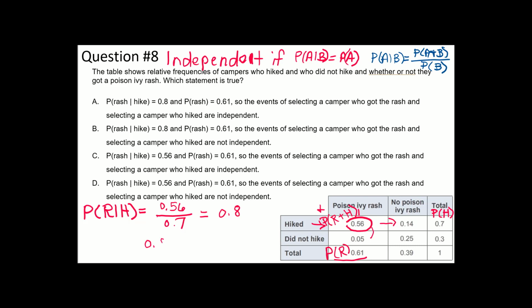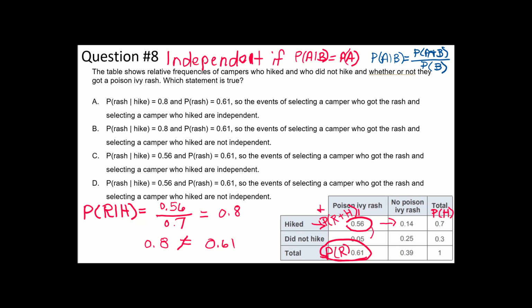Now if we look at this, 0.8 is not equal to 0.61. So we know that they're not independent.